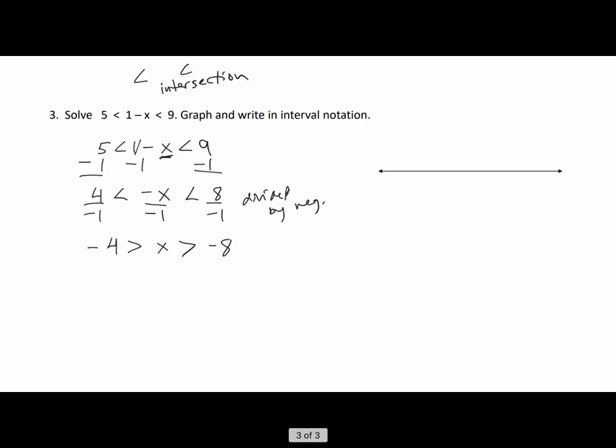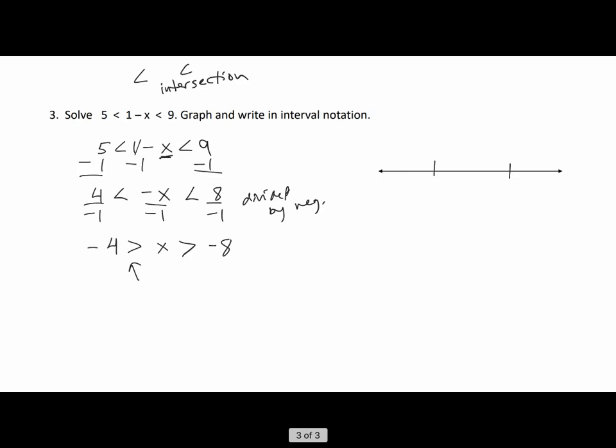And in this case, negative 4 being less than negative 8, does that make sense? No, that's not how it would be written on the number line. So that means we've got a bit of a problem here. And you'll also notice that the symbols are pointing the wrong way.